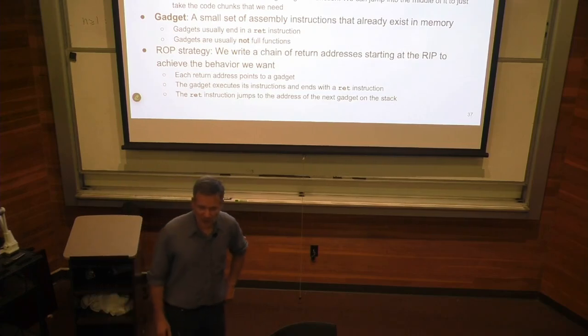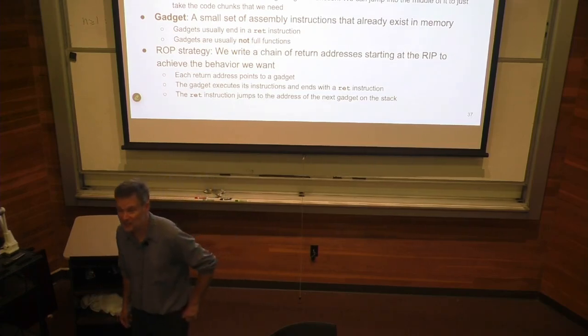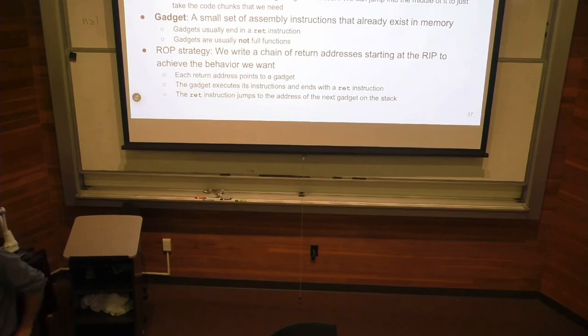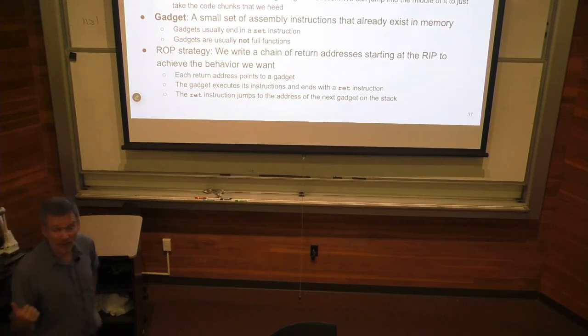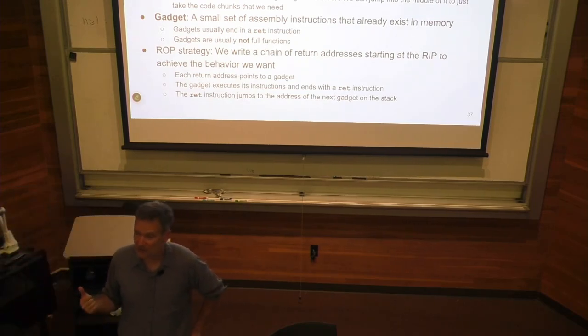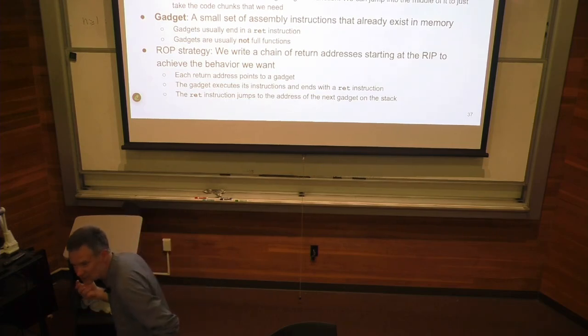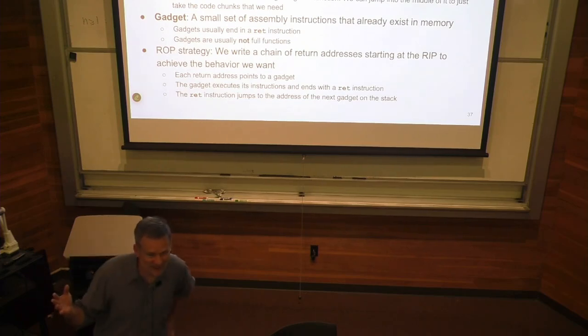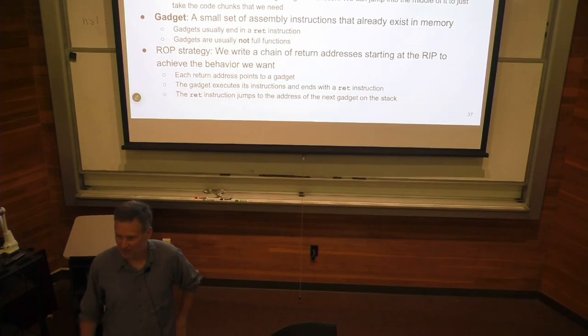So this return-into-libc attack allows the attacker to pick any one existing function in the code segment, like in the standard C library, and call it with any arguments the attacker wants, without having to modify any executable page or execute any non-executable page, without having to put in any malicious shellcode.